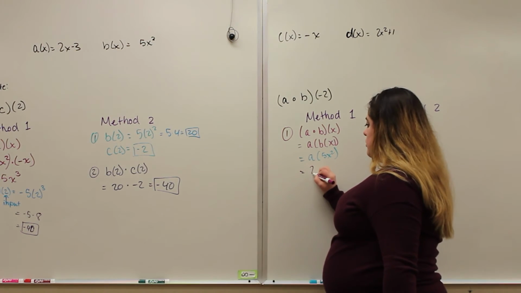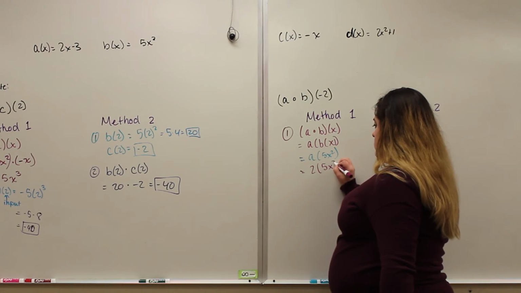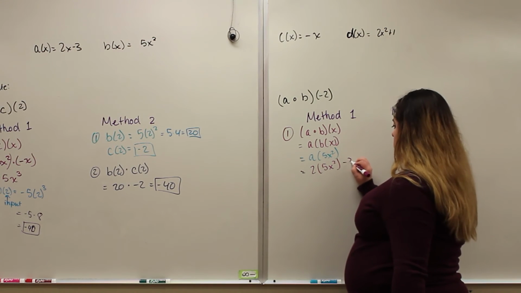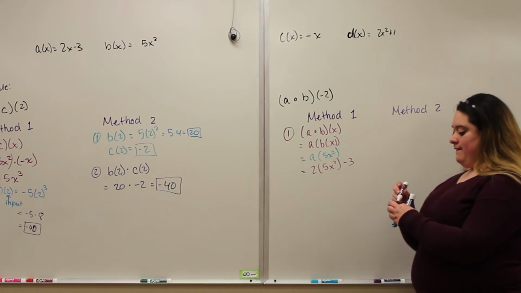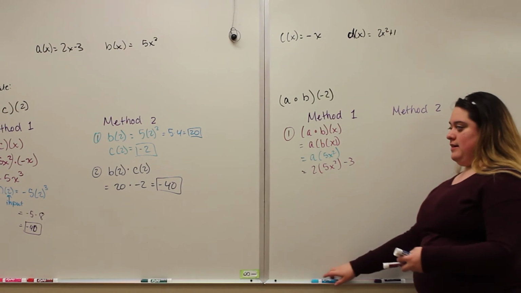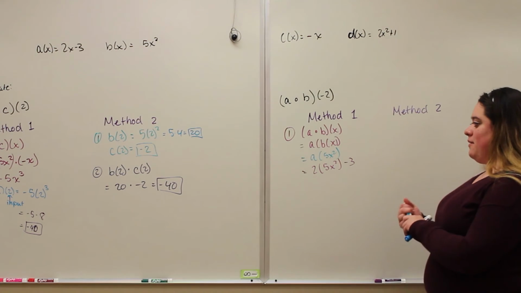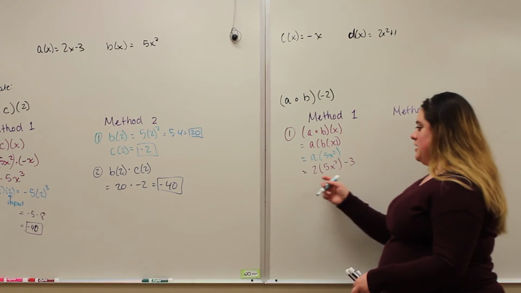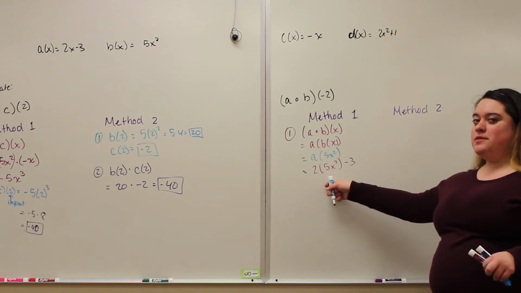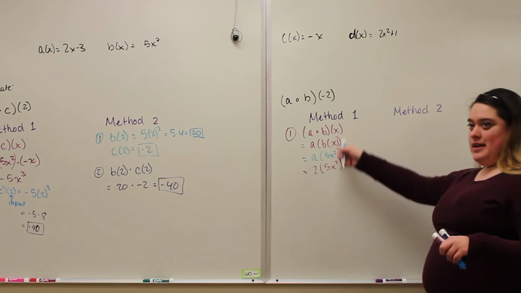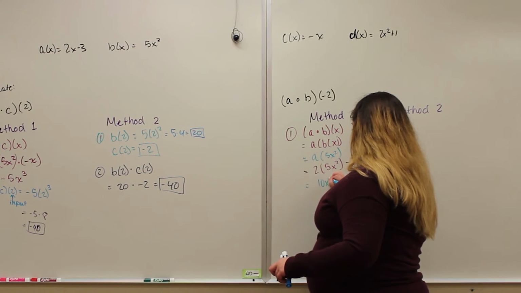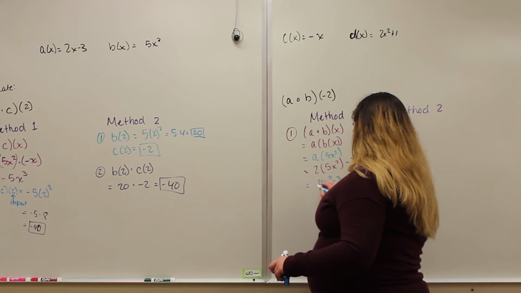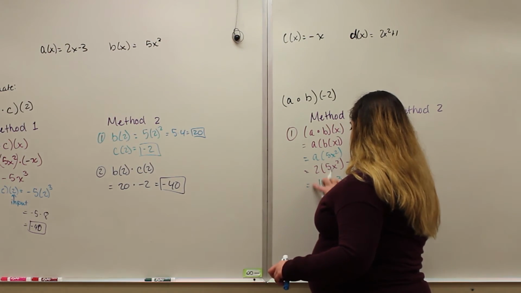So I now have 2 times 5x squared minus 3. Let's multiply this so that we can get a simplified function. So 2 times 5 is 10. Nothing happens to the x squared. So 10x squared minus 3 is my given function.